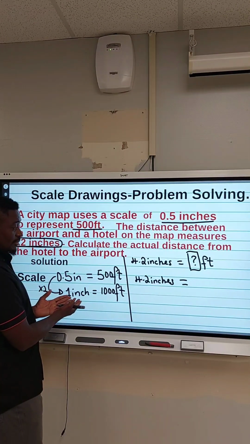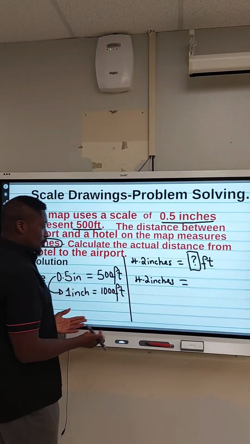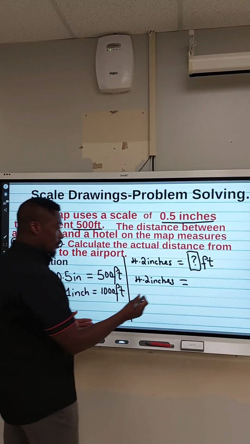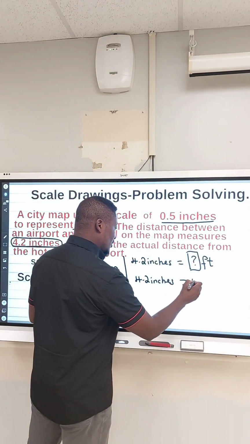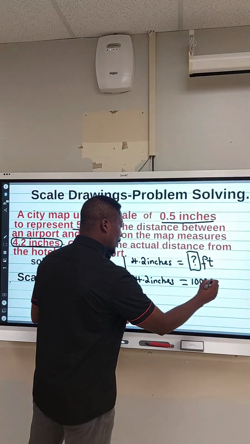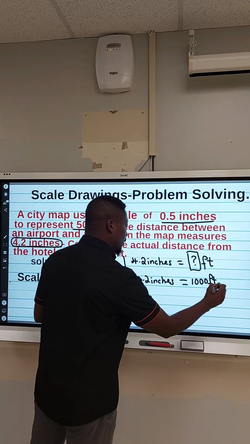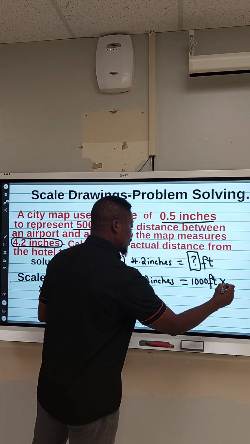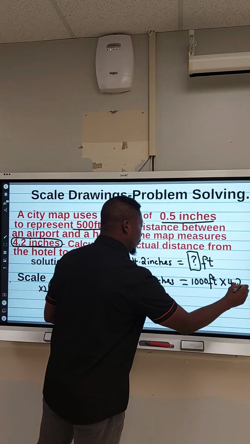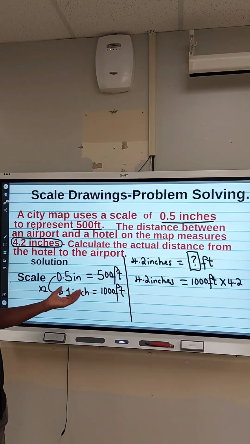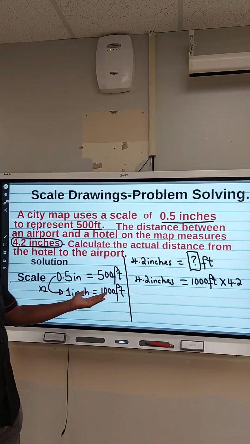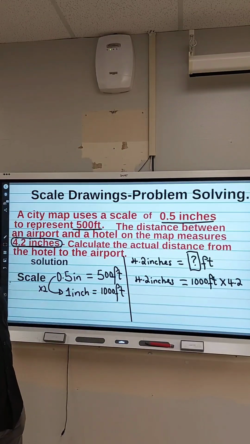So 1 times 4.2 is 4.2. So 4.2 inches equals 1,000 feet times 4.2. Okay, so we basically multiply this side by 4.2 and multiply this side by 4.2.